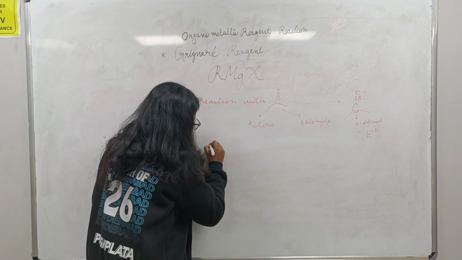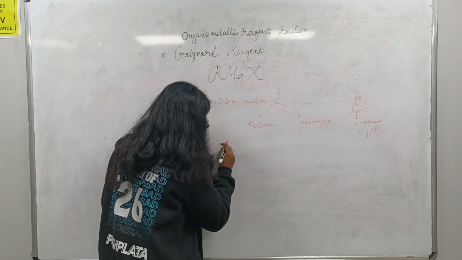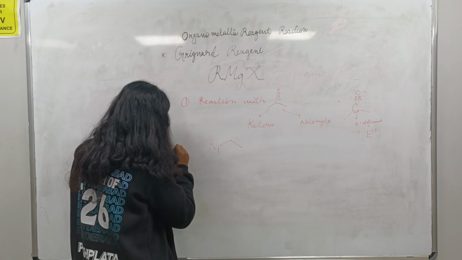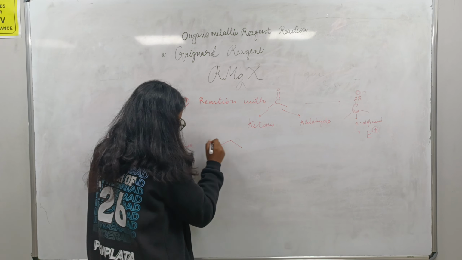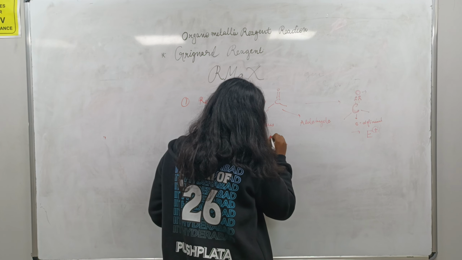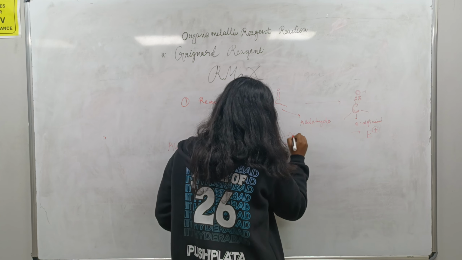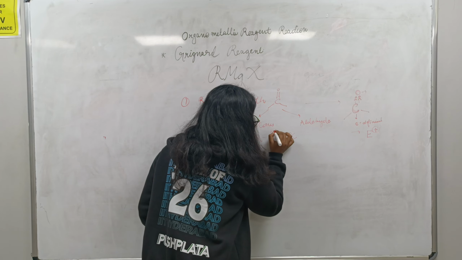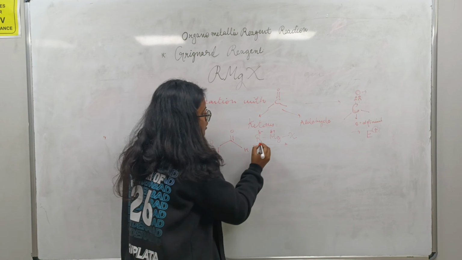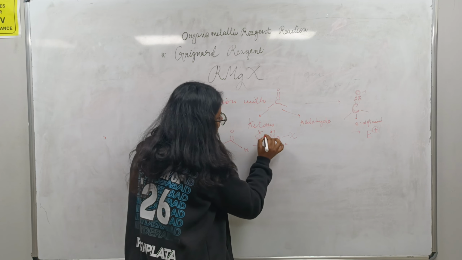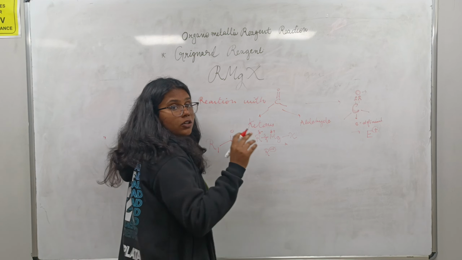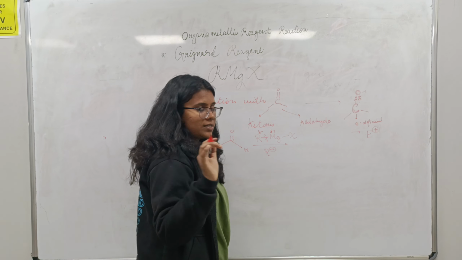Now let's take an example for aldehyde. This magnesium acquires positive charge, this bond weakens and will dissociate, and R negative will act as a nucleophile. Nucleophile means nucleus loving.